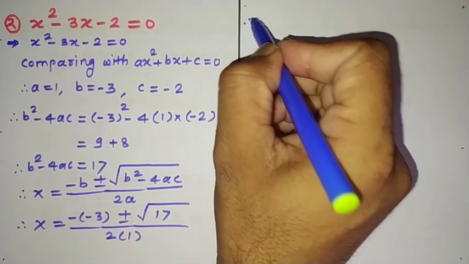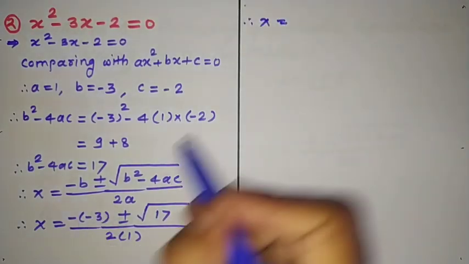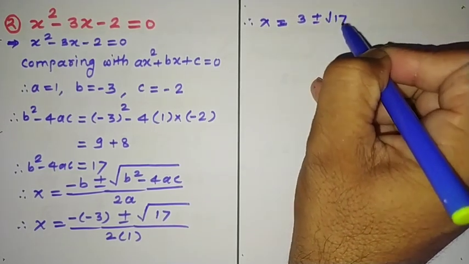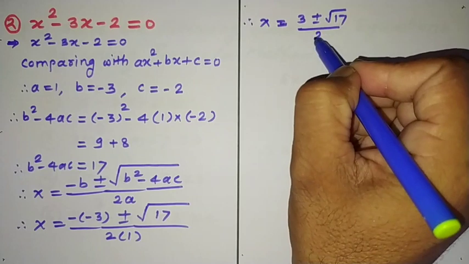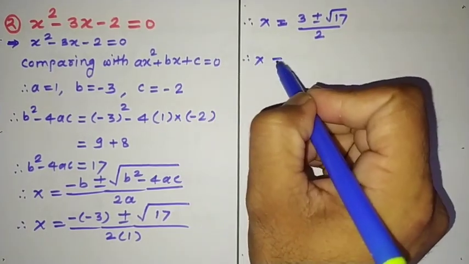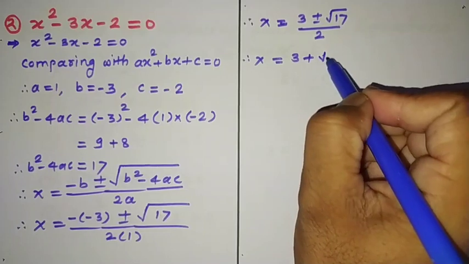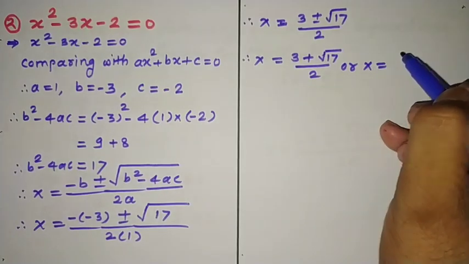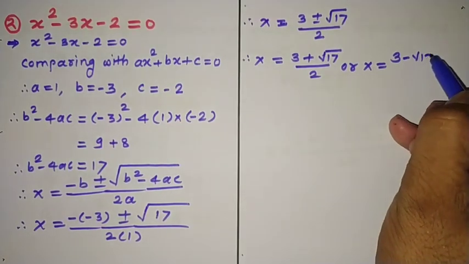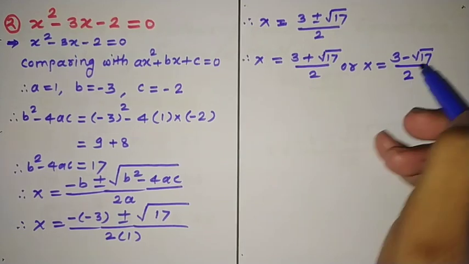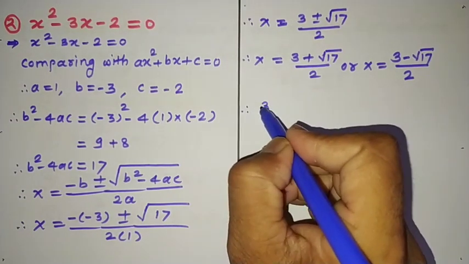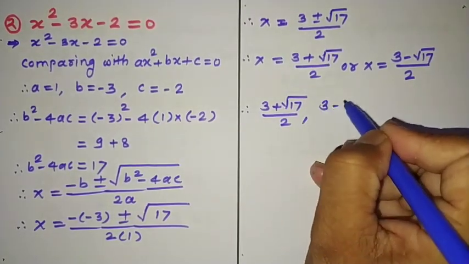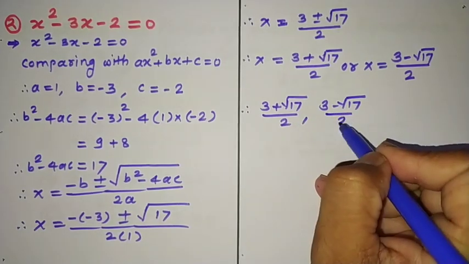Therefore x is equal to minus minus plus 3 plus minus root 17 upon 2. Therefore x is equal to 3 plus root 17 upon 2, or x is equal to 3 minus root 17 upon 2.